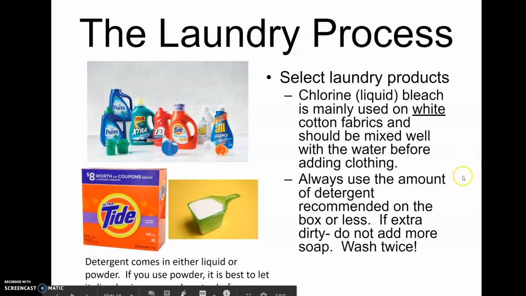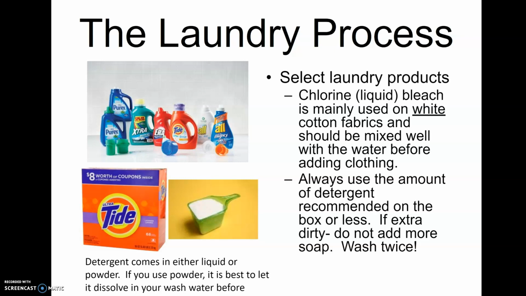Select laundry products. Chlorine or liquid bleach is mainly used on white cotton fabrics and should be mixed well with the water before adding the clothing. If it is poured directly on the clothing, it will turn whites oftentimes pink or light brown, instead of keeping them white. Always use the amount of detergent recommended on the box or less.